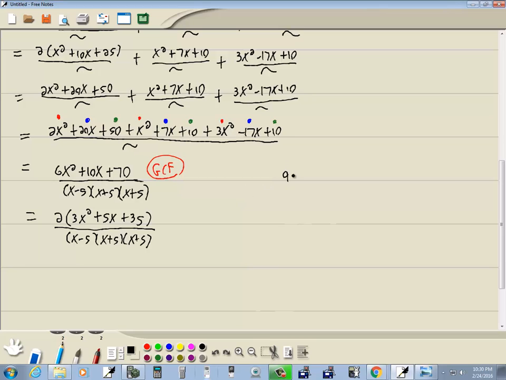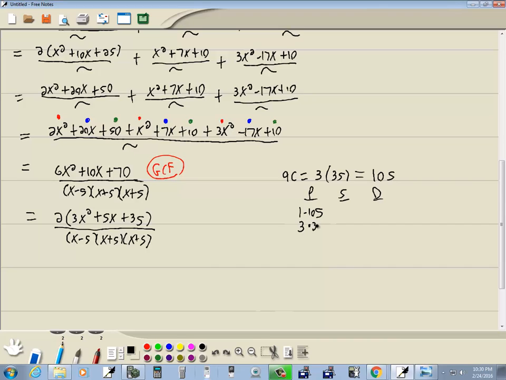I'm not seeing it, but let's see. That would be the key number if I could factor it. So I take the number at the beginning times the number at the end, ignoring signs. That's going to give us 105. I got 1 times 105.